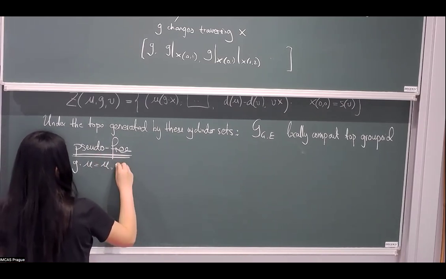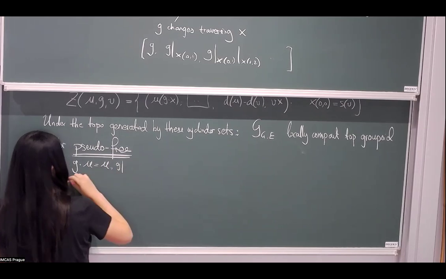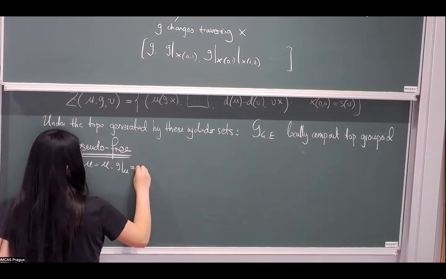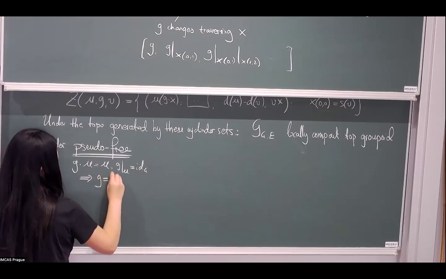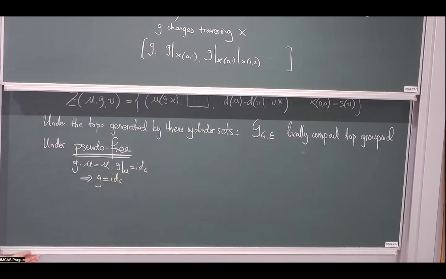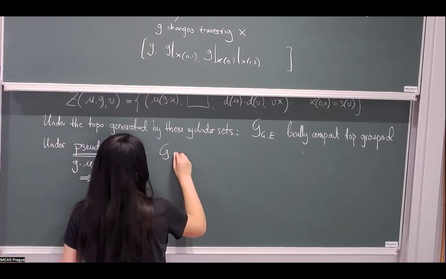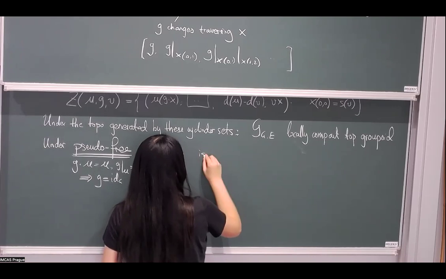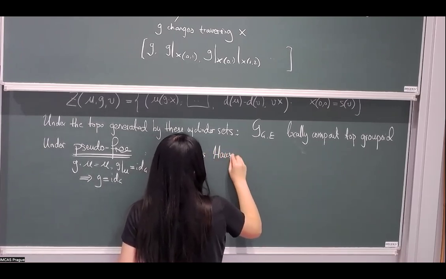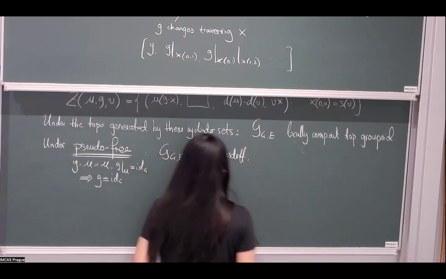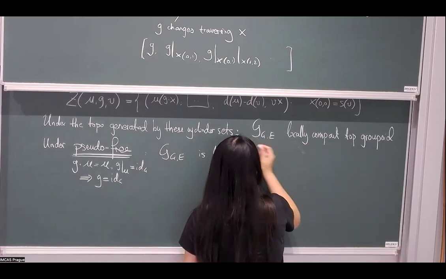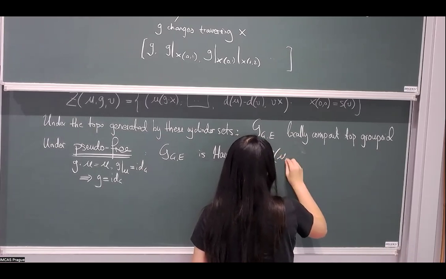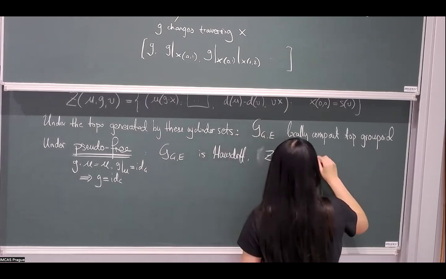But pseudo-freeness means that if G fixes mu and G restricted to mu is the identity of the group, then this implies that G is the identity element. So under this condition, this G_{G,E} will be Hausdorff. And it's a very nice topology in the sense that these cylinder sets Z(mu, G, nu) form a basis.